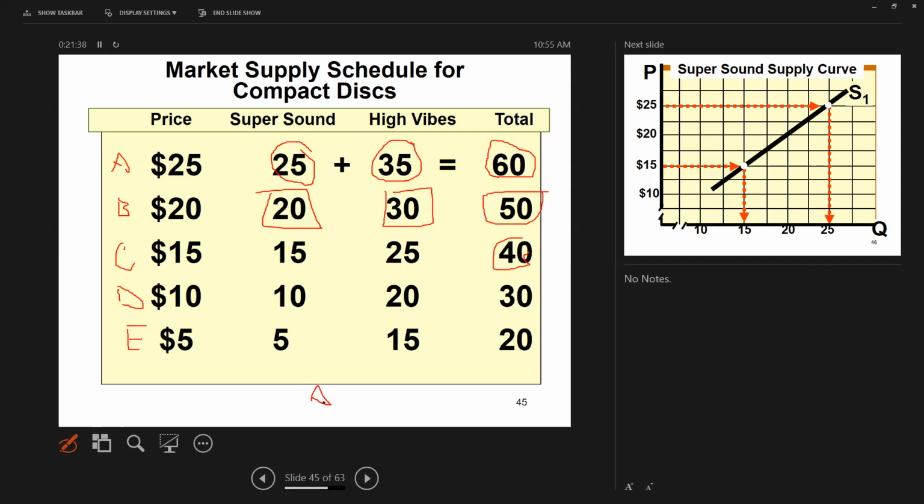Point A: we're going to put the X value first, so that's 60 CDs per day offered for sale at a price of $25.